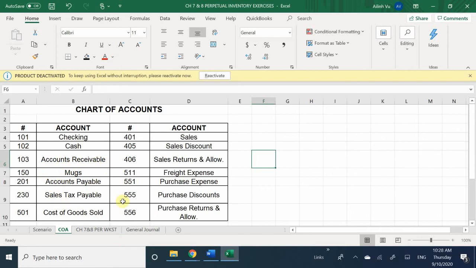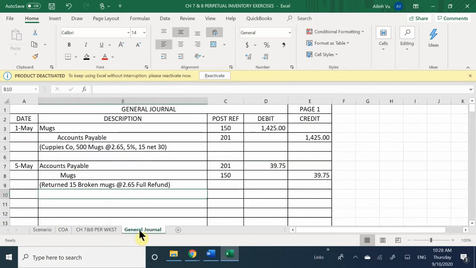Every time you sell something under perpetual inventory, you are taking everything out of our inventory as well. So we have 401, 501, 150, and we have 102. All right, so I'm going to go ahead and lay down my foundation.